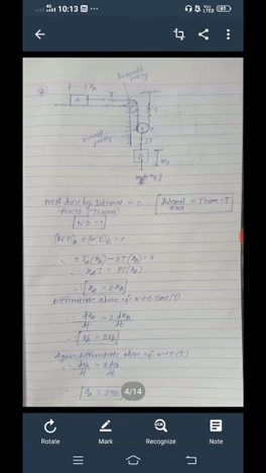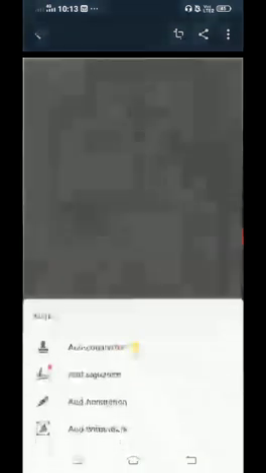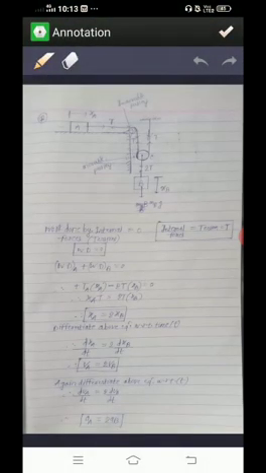Now see the figure. This figure shows two blocks, block A and block B. Block A has a string attached to it, and that string is passing over a pulley, but here the pulley is immovable.